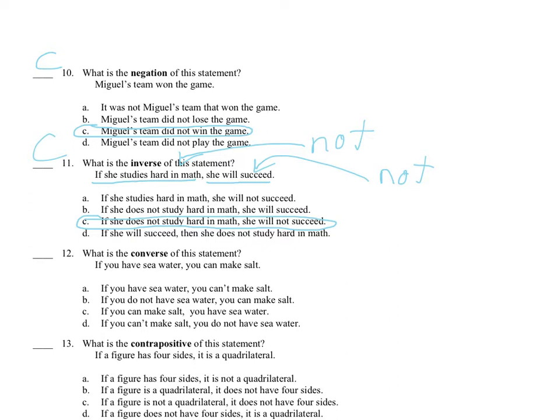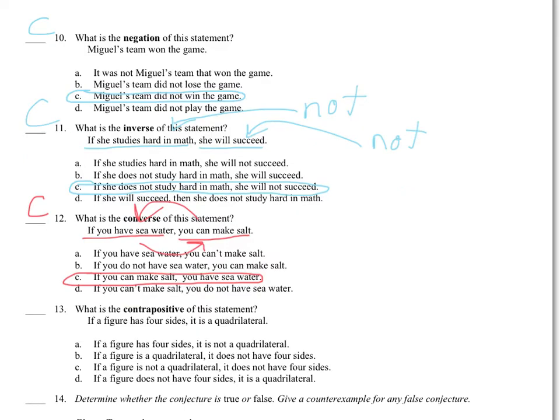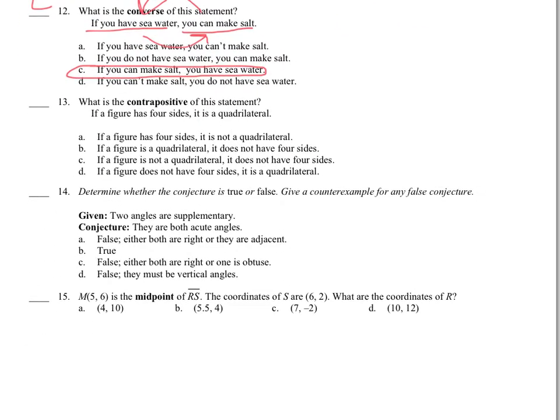What is the converse? This is the hypothesis, this is the conclusion. When we do this, we just flip-flop them. They switch places. And when we read those choices, we see that C is the answer. The converse takes the hypothesis and flips it with the conclusion. So you actually start with the conclusion. And the contrapositive is when we take the hypothesis and the conclusion, we flip them, and we add the negation to each one.